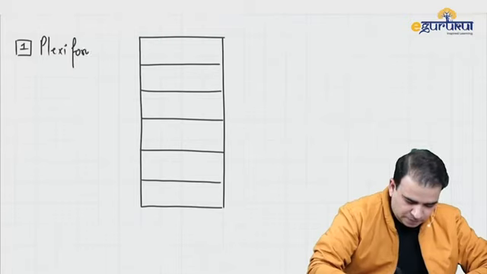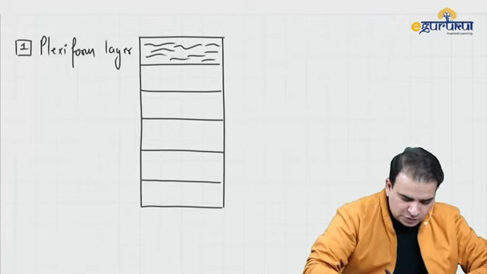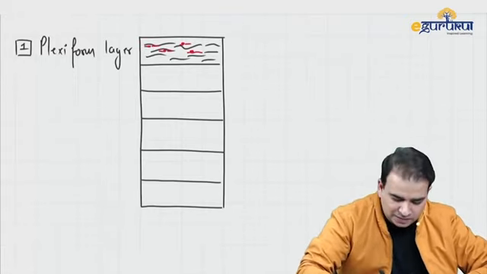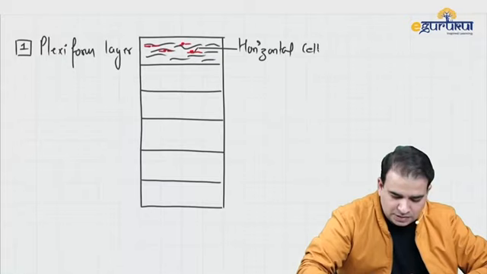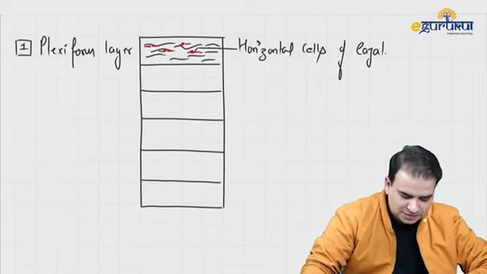In this plexiform layer, we have all these horizontally present fibers, and you will also appreciate some scattered supporting cells present horizontally, called the horizontal cells of Cajal. It's C-A-J-A-L. Horizontal cells of Cajal are seen in this layer.